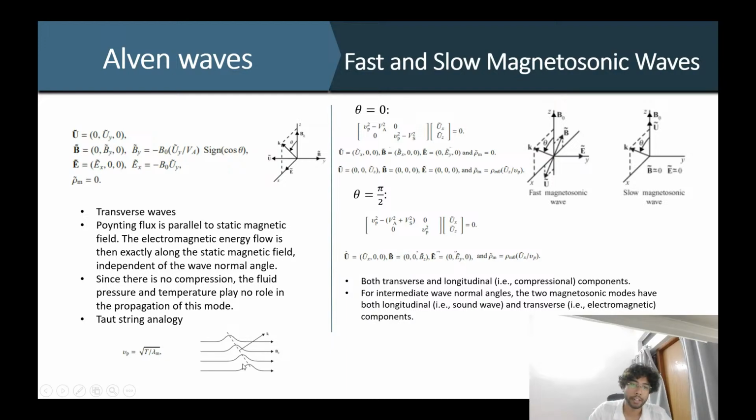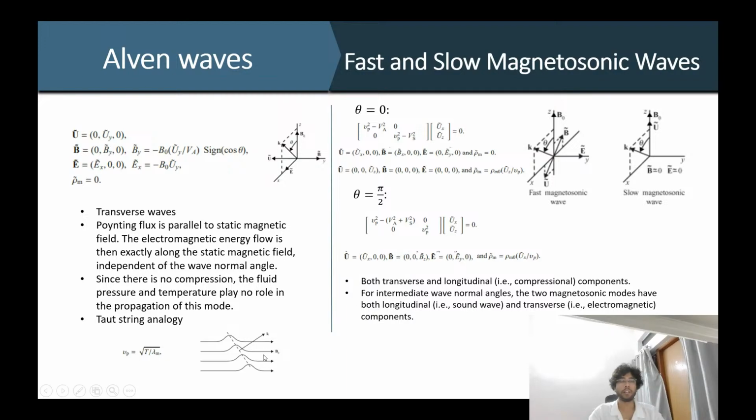If you have the magnetic field along this direction, whereas the wave is moving at a slightly different angle from the magnetic field, the k direction, the energy flow is actually along the direction of the magnetic field.